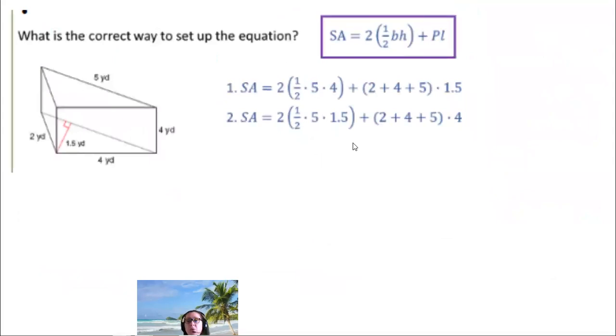So it looks like the only difference is the 4 and the 1.5, and then the 4 and the 1.5 here. It's almost like they want to know which one's the height of my 3D figure and which one is the length of the triangle.